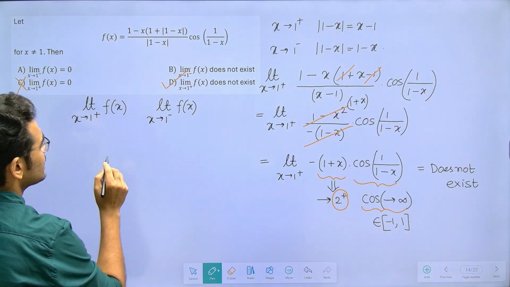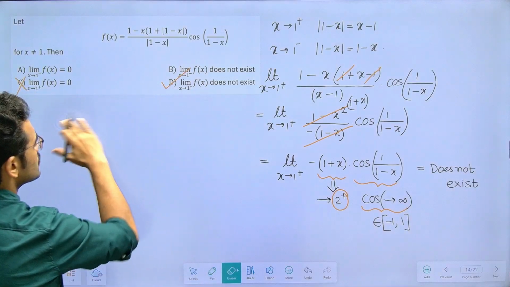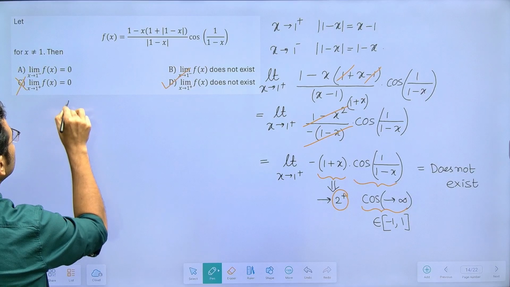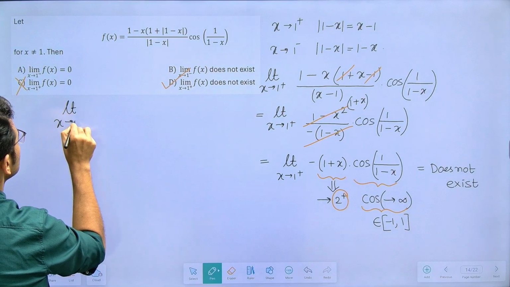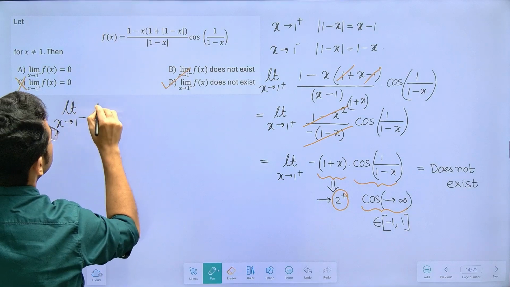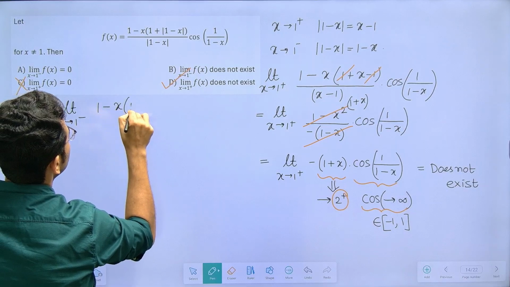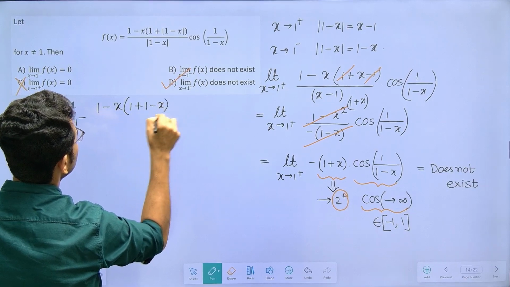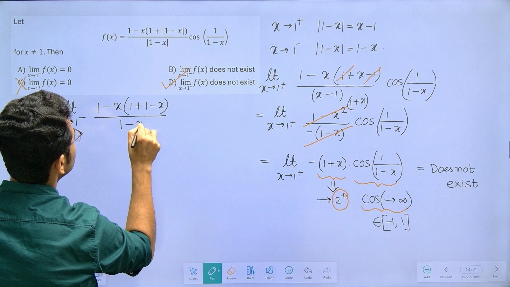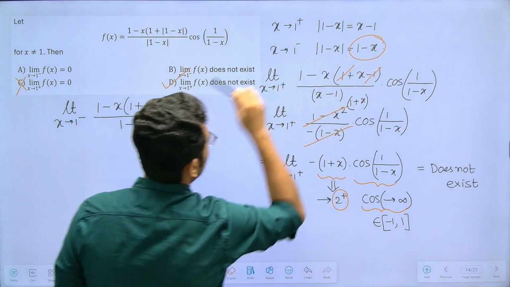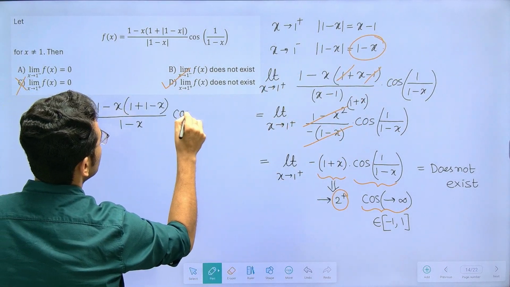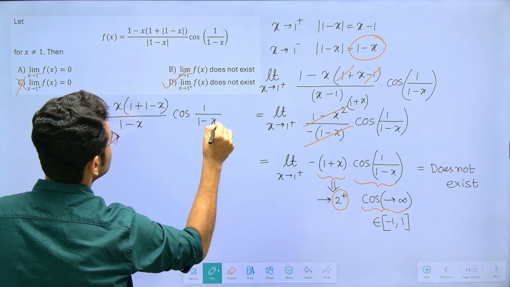Now let us analyze the other one, that is limit x tends to 1 minus. What will happen for limit x tends to 1 minus? Redefine the function. (1 minus x) into (1 plus 1 minus x) divided by (1 minus x) mod value into cosine of 1 by 1 minus x.